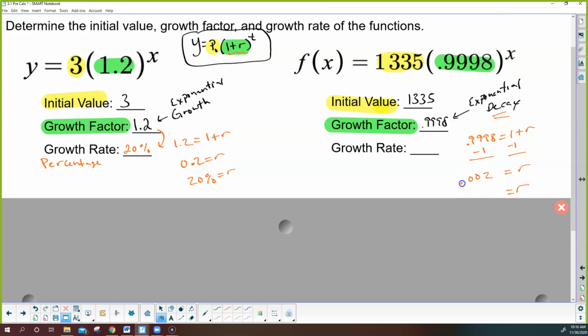But now that's a decimal. I want that as a percent, so I got to move this 2 spots to the right. So I end up with 0.2. Sorry, my pen just screwed up. 0.2%, which is completely fine.